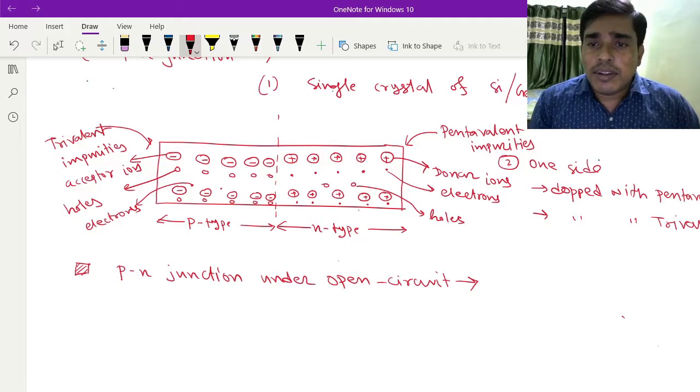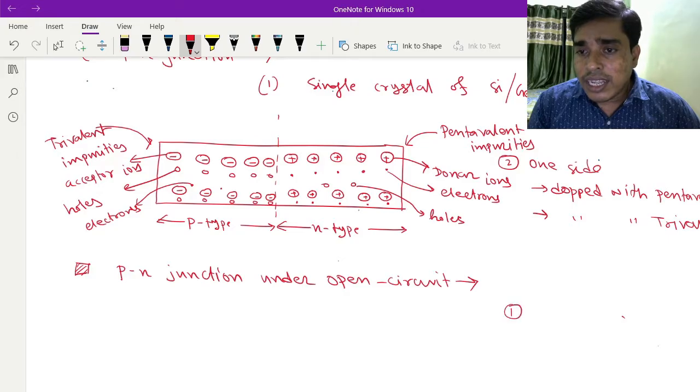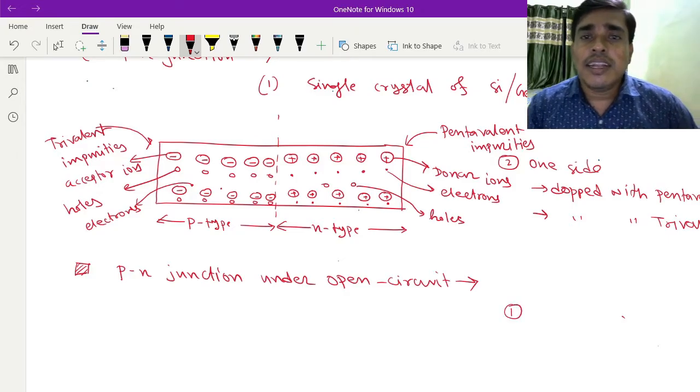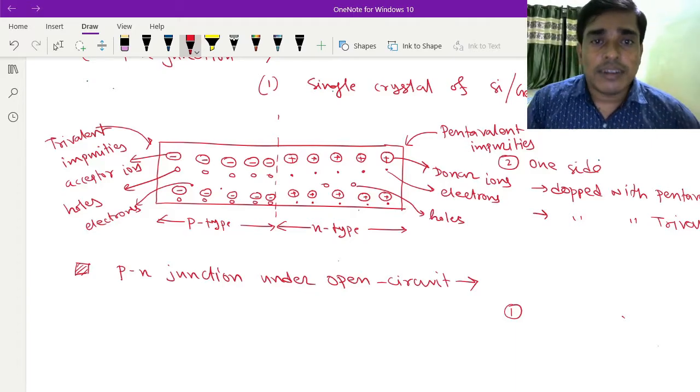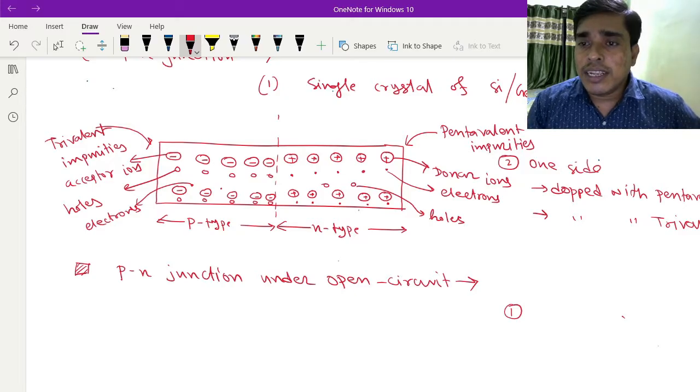First of all, you have to know whether this crystal is electrically neutral or not.